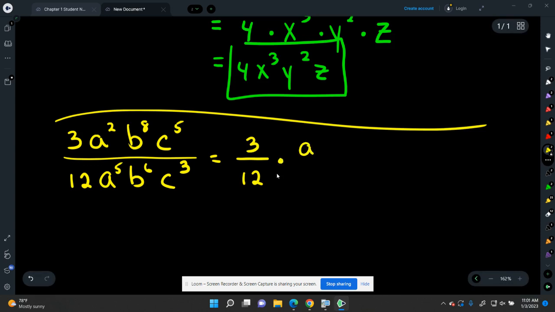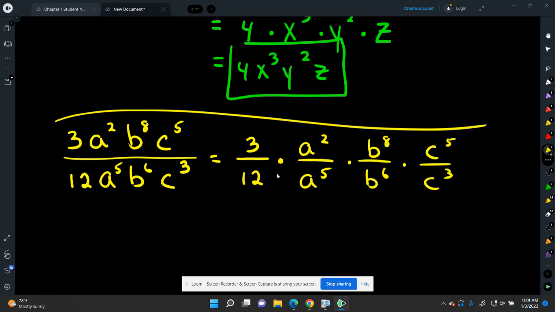So you're going to write it out like this: a to the 2nd over a to the 5th, b to the 8th over b to the 6th, c to the 5th over c to the 3rd. Okay, so we separate it. Now we're going to work with them.